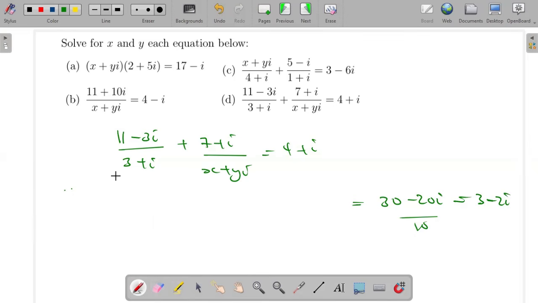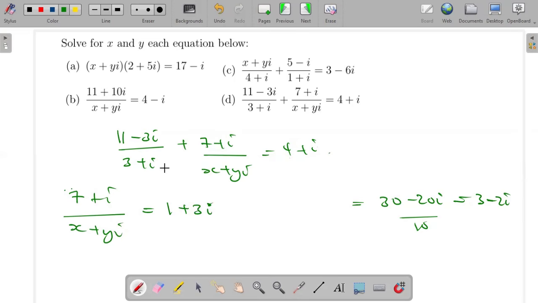Okay, so this is what I get, and then after getting that, I can take this the other side of the equal sign, which just leaves me on the left side with 7 plus i over there you have x plus yi, and then that equal to 4 minus the 3, which will give you 1, and then you have that negative with positive, so you get 3, you add to that 2 plus the i, which just gives you 3i.